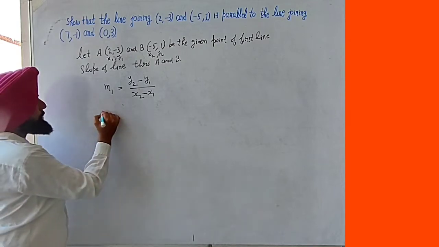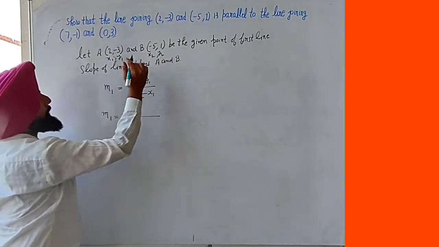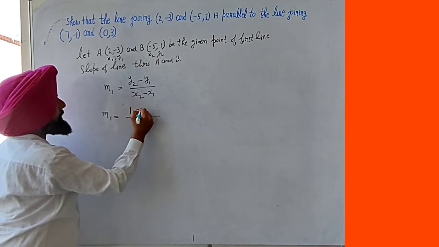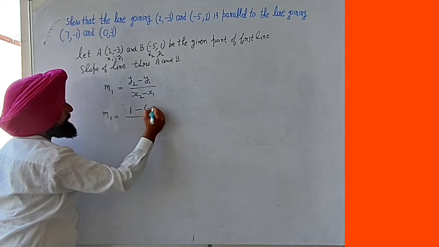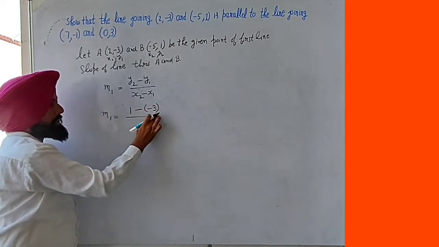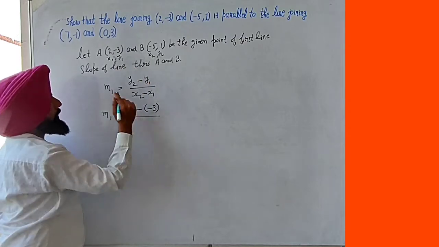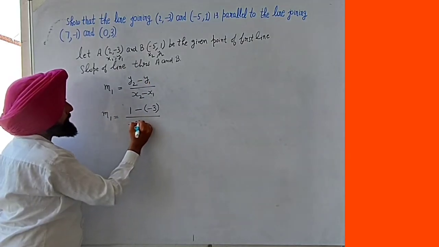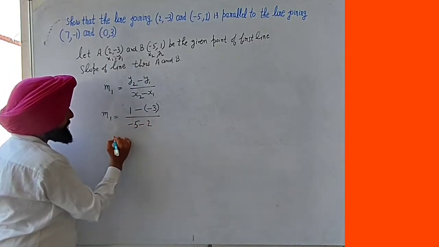What do we get? y2 is 1 minus y1, that is minus 3, so write it in the bracket. x2, minus 5, minus x1, that is 2.